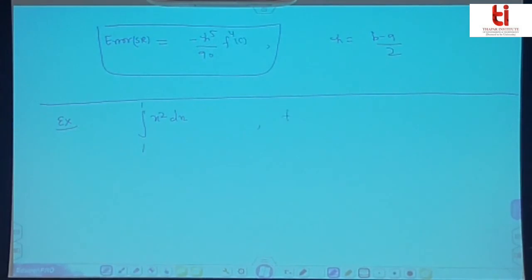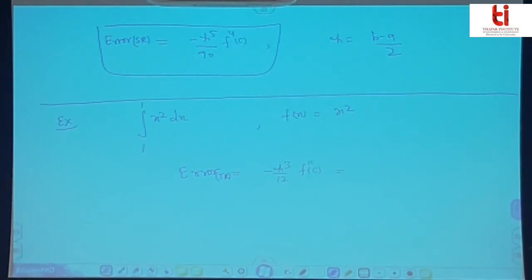What is the function? f(x) equal to x square. If we find by trapezoidal rule how much error we are getting. What is the formula for error in trapezoidal rule? It is minus h cube upon 12 f double dash c.